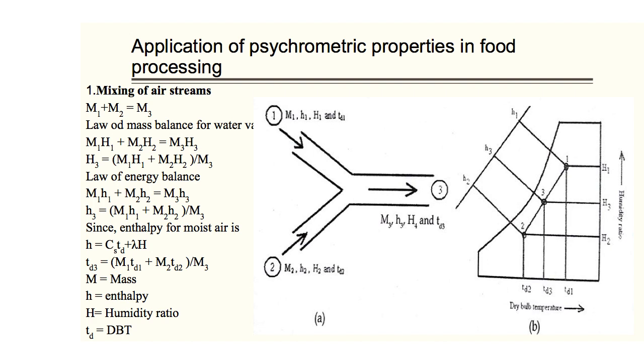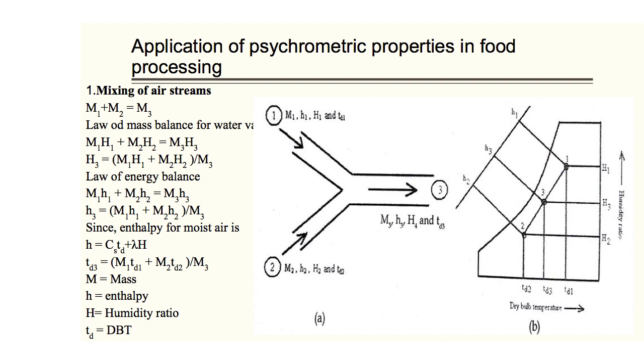So how do the mass balance and energy balance work in mixing of air? Let's consider that. Here we have denoted stream 1 and stream 2 and different mass or heat notations. This process, the mixing of air streams, is also shown here in the psychrometric chart.